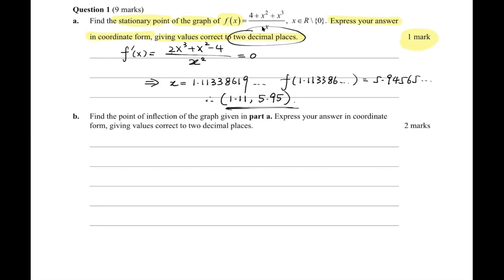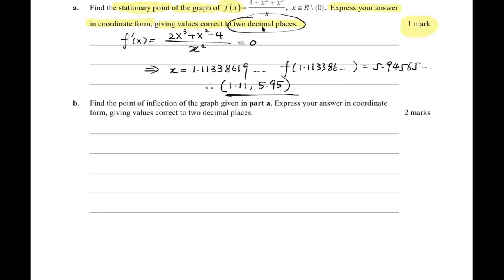Find the point of inflection of the graph given in part A. Express your answer in coordinate form. Okay, correct to 2 decimal places as well. So with my CAS calculator, I obtained f double dash x equals (8 plus 2x cubed) over x to the power of 3 equals 0. This will give us x equals something like minus 1.587401052, blah, blah, blah.